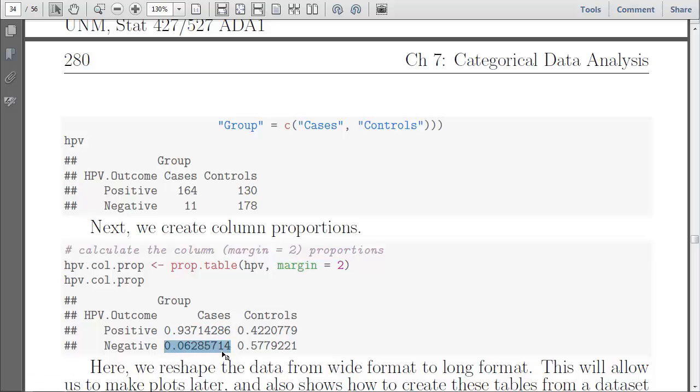So this is basically saying, conditional on being a case, what's the probability of being positive for HPV? And conditional on being a control, what's the probability of being positive for HPV? So the conditional probability we're looking at is, what's the probability of being HPV positive, conditional on which group you're in.